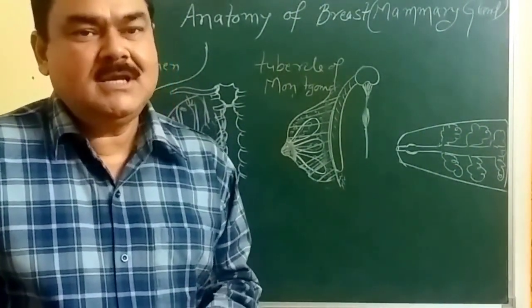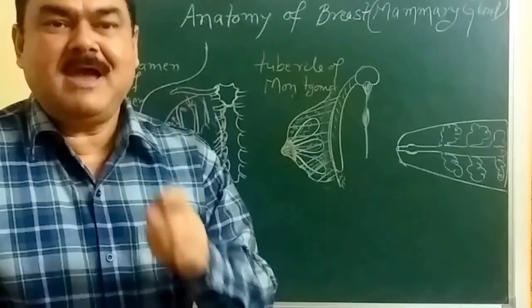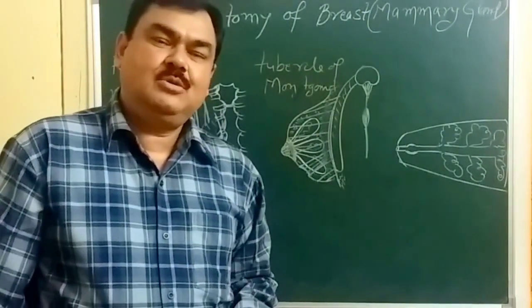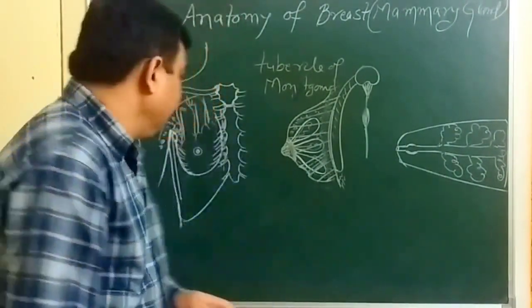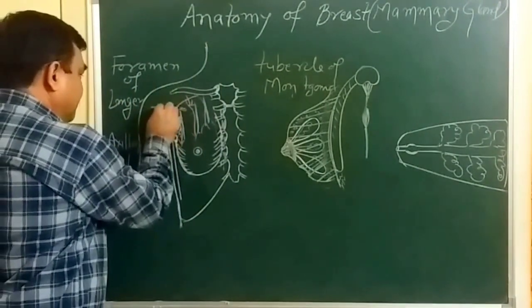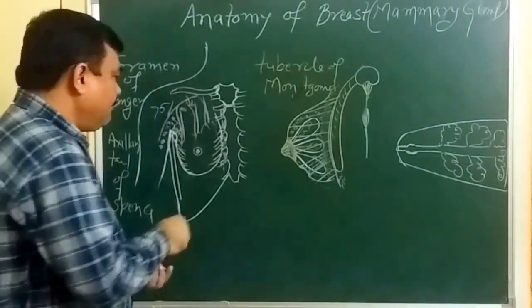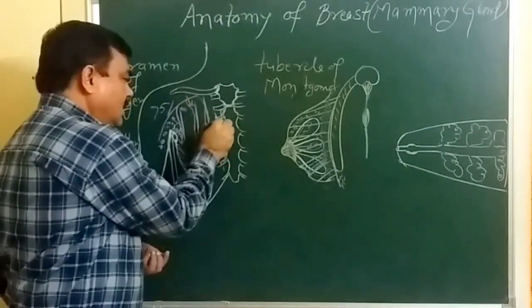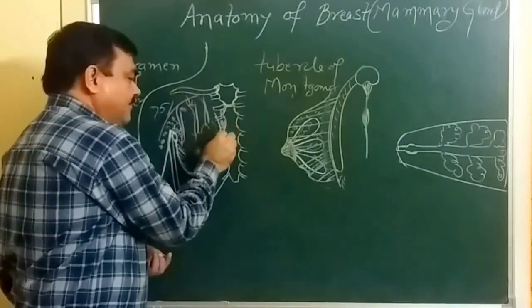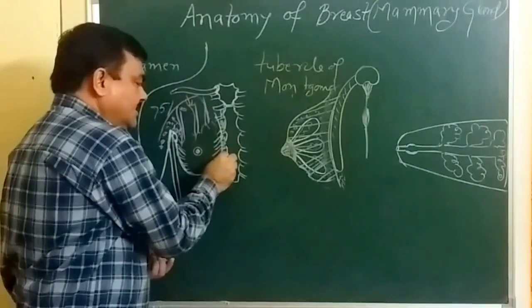So about 75% of lymphatics go into the axillary lymph nodes. About 20% go into the parasternal lymph nodes, which lie along the internal thoracic vessels.